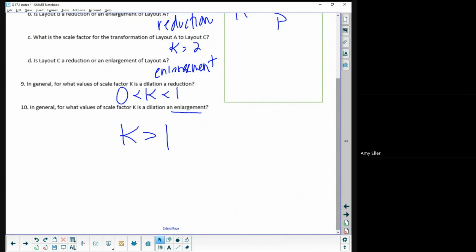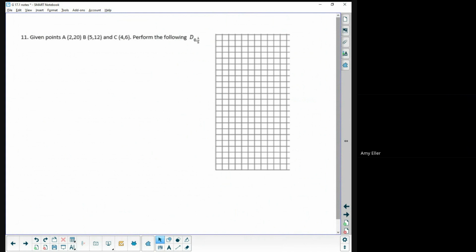Okay. The last page. Given points A, B, and C, perform the following. I don't want you to do any of that yet. I just want you to plot and label these 3 points.